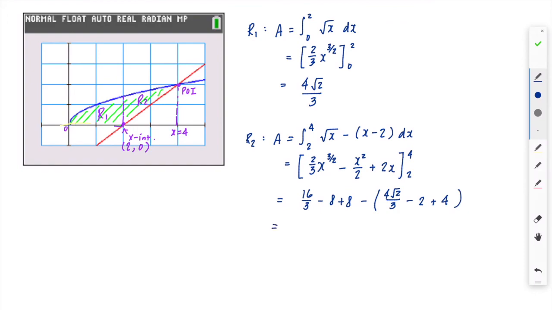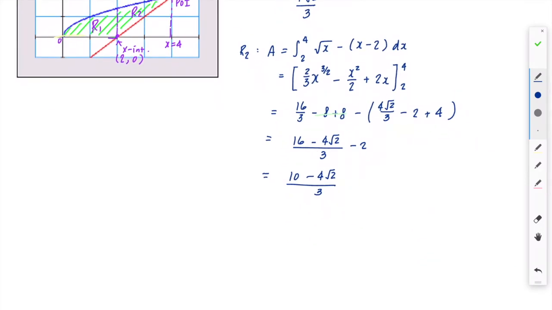What do we have here? So the positive 8, negative 8 goes away. And then 4 minus 2 is 2 minus 2. So 16 minus 4 root 2 over 3 minus 2, or 3 times 2 is 6, so minus 6. So 16 minus 6 is 10. I have 10 minus 4 root 2 over 3 for region 2.